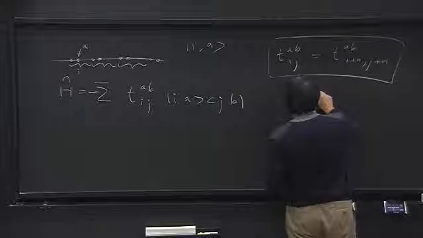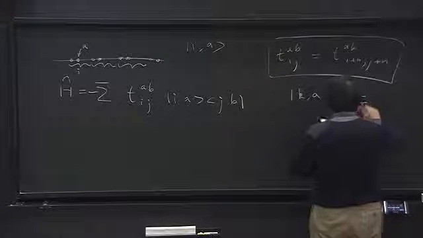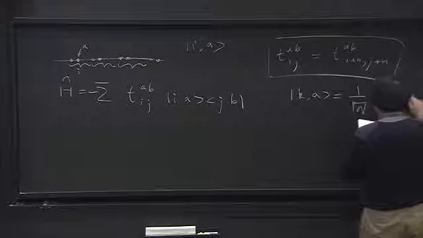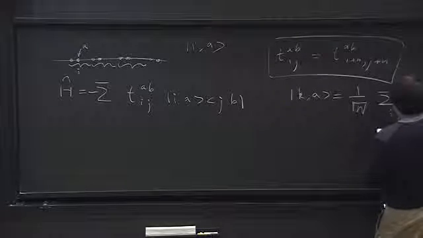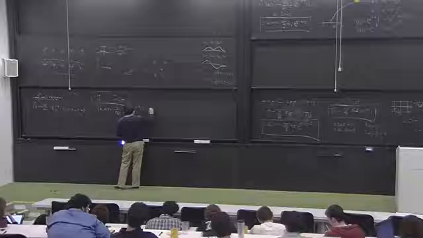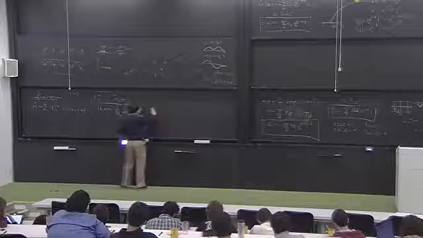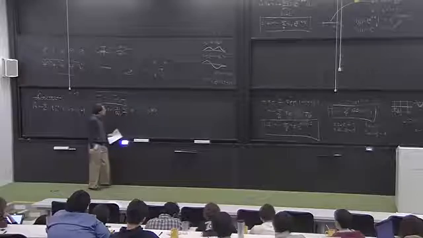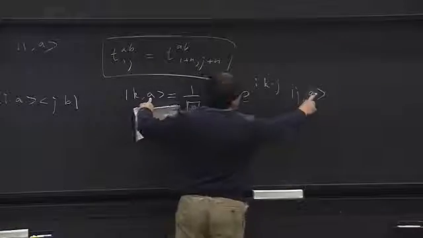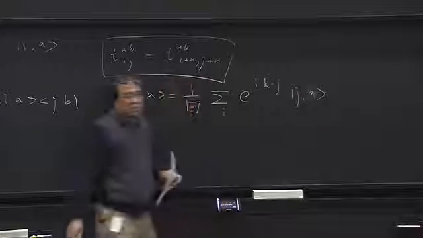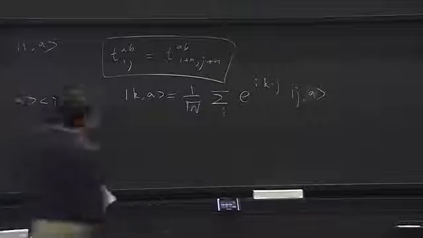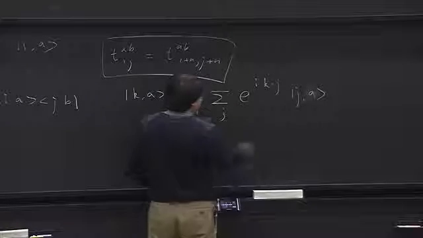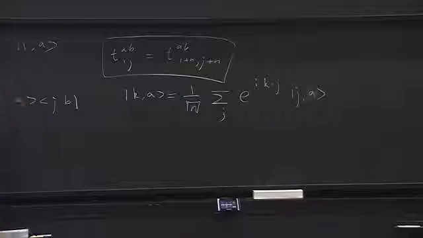It's |k,A> equal to 1 over square root of N, sum over j, e to the i k dot j, |j,A>. We just keep the A index intact. We just do the Fourier transformation on the j index, sum over j, because this i is taken as the unit of imaginary number.